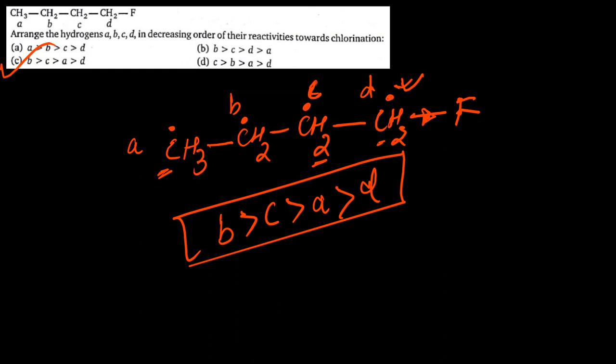Clear? Now let's go for question number 10. Question number 10 is: you have cyclopentane, Cl2 is in excess. How many dichloro products are formed in the above reaction including stereoisomers?